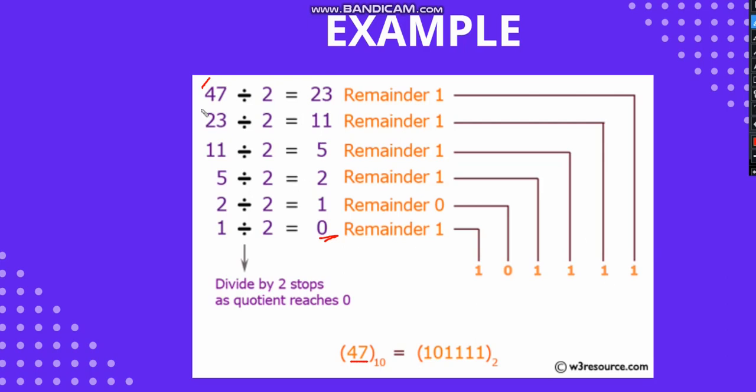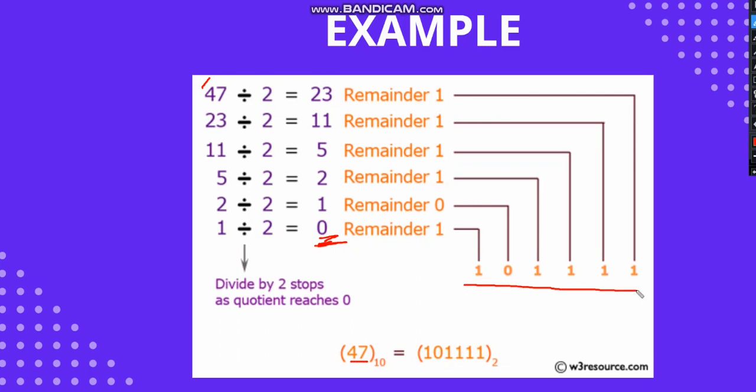Then again this 11 will be divided with 2. We get the quotient 5 and a remainder 1. Then again we will divide this 5 with 2. We get a remainder 1 and a quotient 2. Then we will keep doing this. We will keep dividing until we reach 0 as a quotient, and we get these remainders.